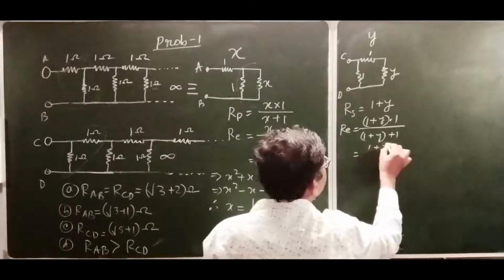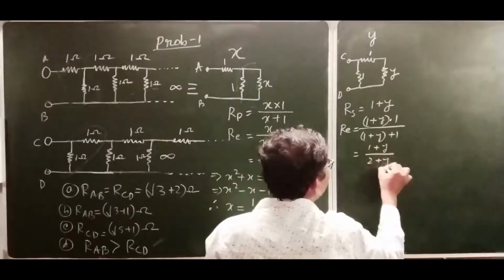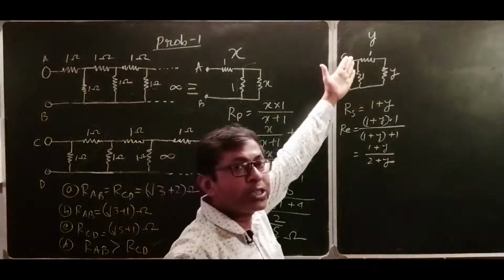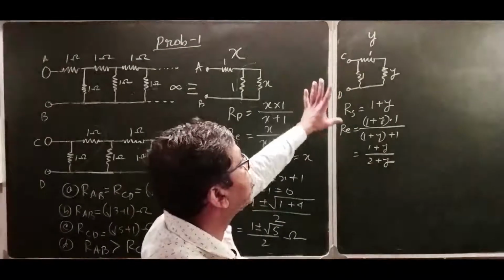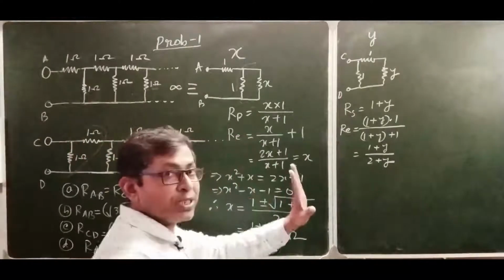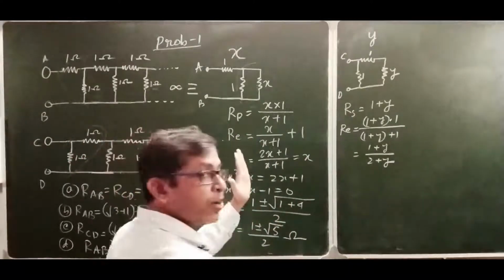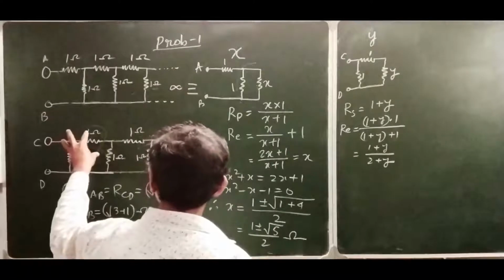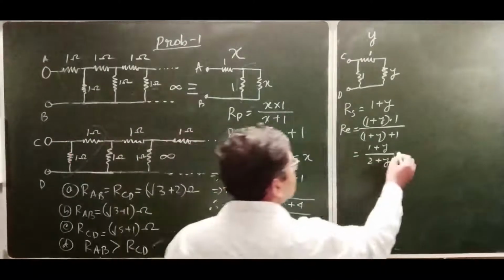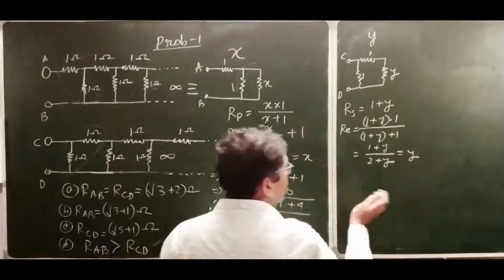That means (1 plus Y) by (2 plus Y), and this is equal to the total resistance of the circuit, because the removal of one section will not affect the total resistance since it goes to infinity. If you only remove one section, that will not affect much. So it is equal to Y. We can write down.